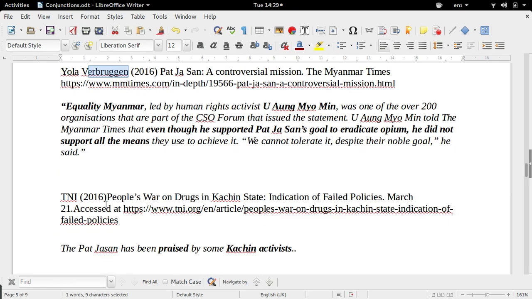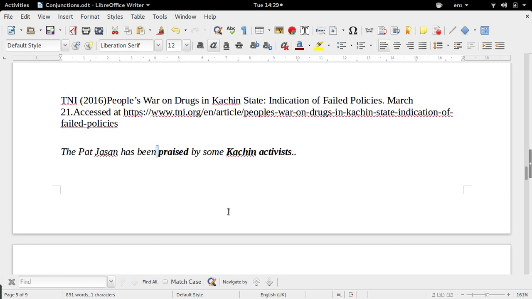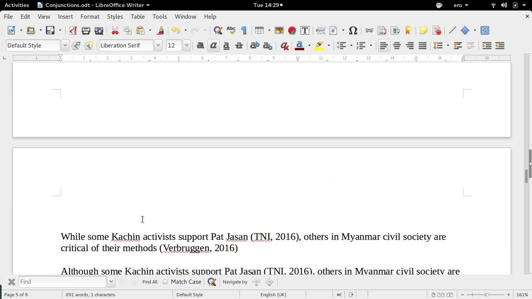So on the other hand, I found this article. Now this is a report from an NGO called TNI, and they've noted here that Pakistan has been praised by some Kachin activists. So on the one hand, some people are supporting it. On the other hand, some people are not supporting them. So here's an example of putting that together using the conjunction while.